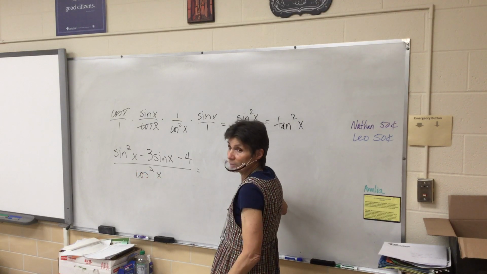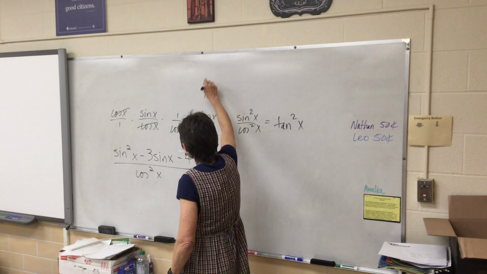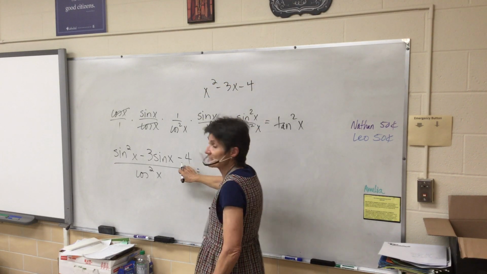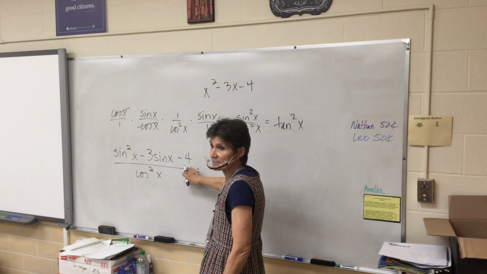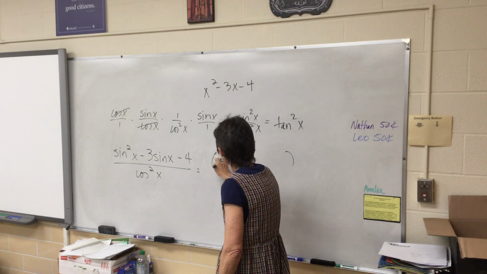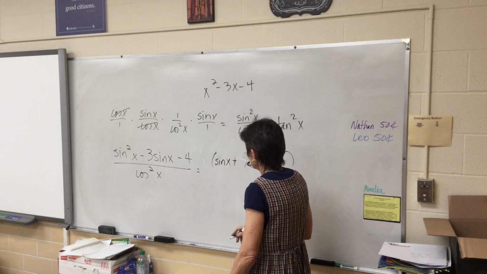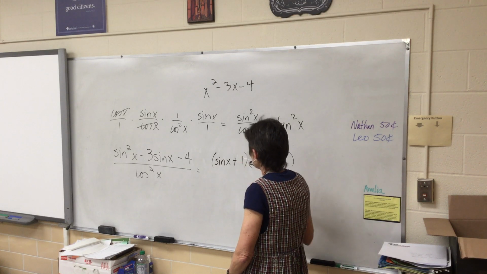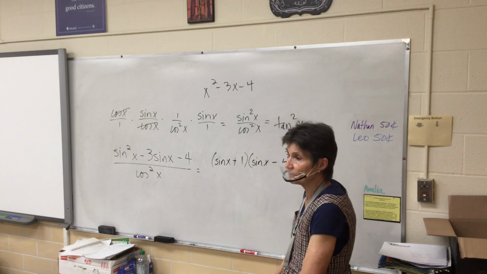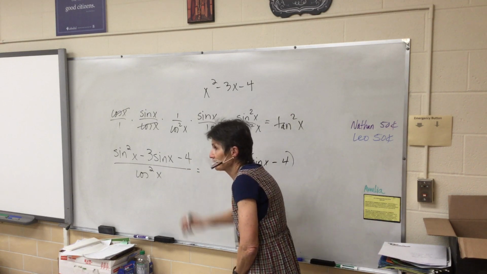It's the same as having x squared minus 3x minus 4, except we have sines instead of x's. So that factors how? Perfect. Absolutely perfect. That's a little quadratic right there, and it factors.